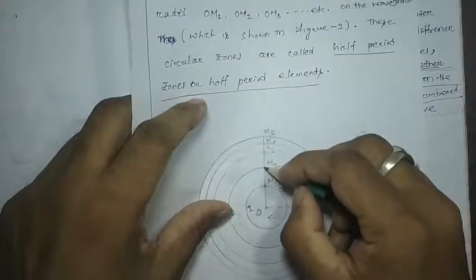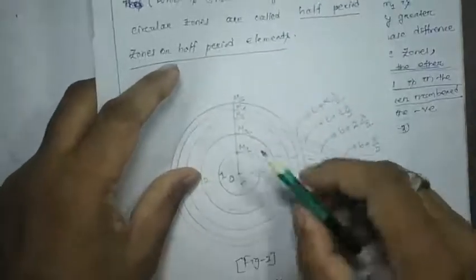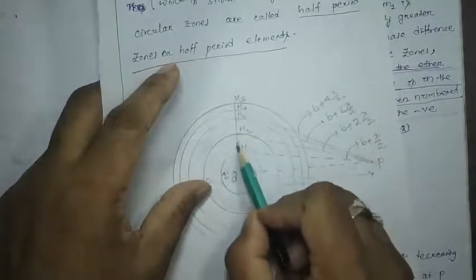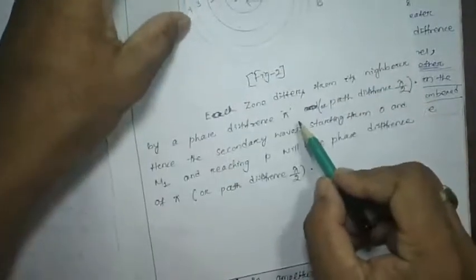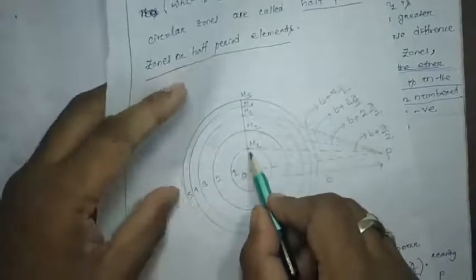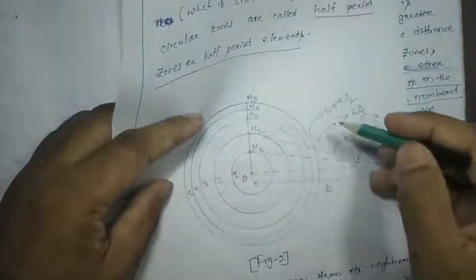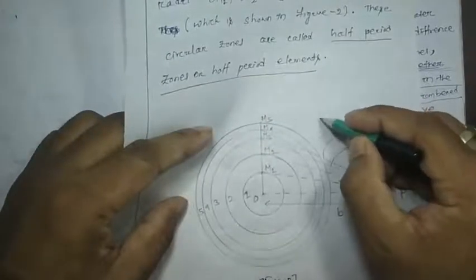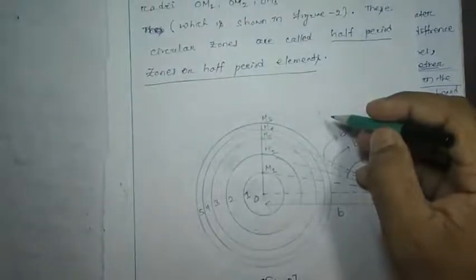This intensity is slightly greater than the next one, so the intensity decreases. And as consecutive half period zones have a phase difference of pi, if the oscillation due to the first half period zone is upward, then the second half period zone will be downward.